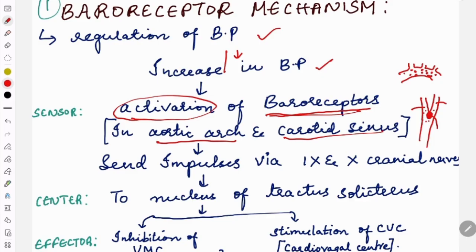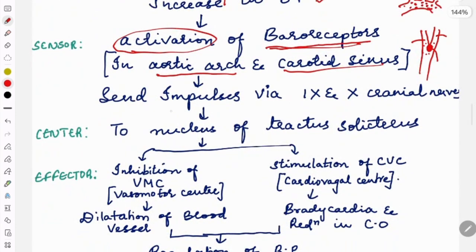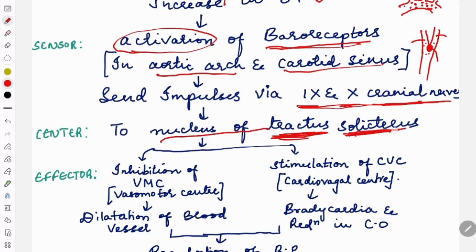Once they get activated, they send sensory impulses to the nucleus of tractus solitarius, via the 9th and 10th cranial nerves. This nucleus is present in the dorsomedial part of the medulla oblongata.